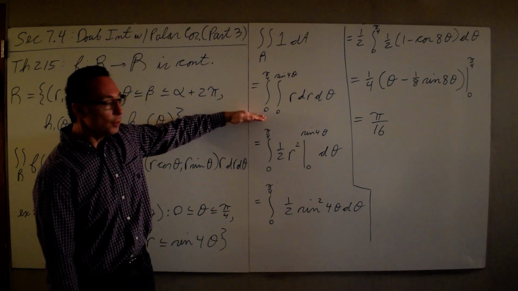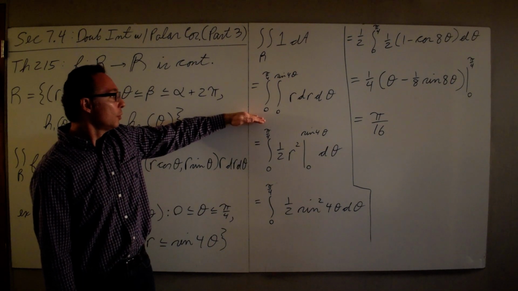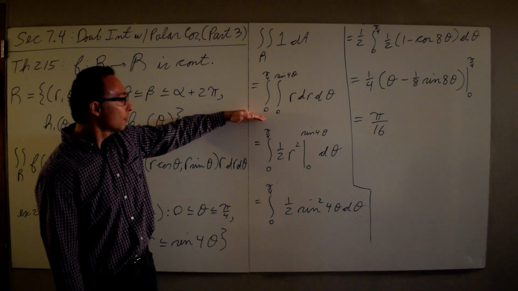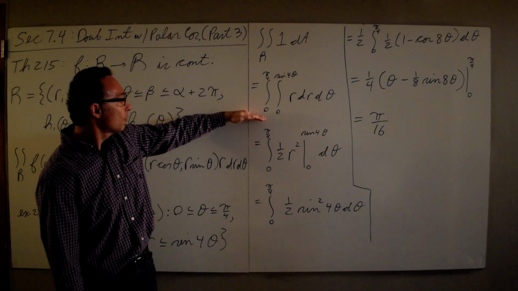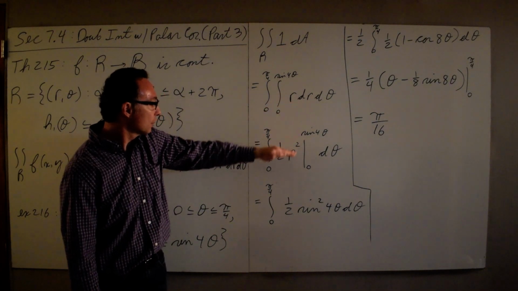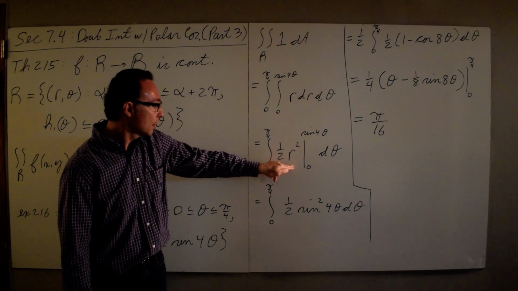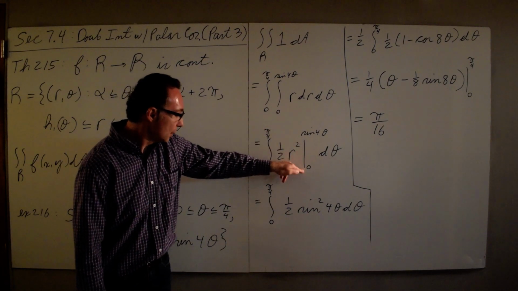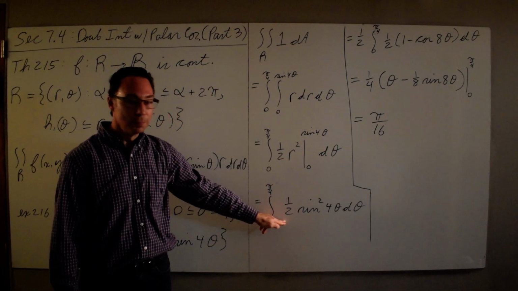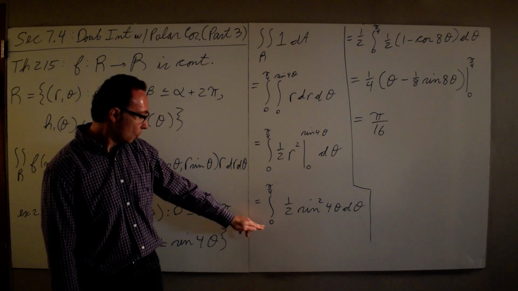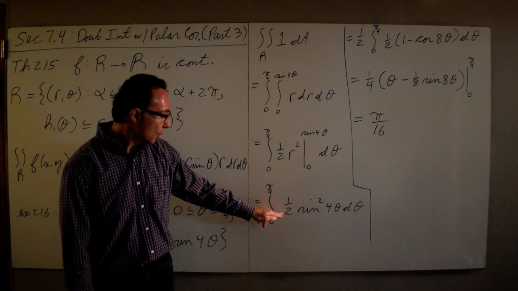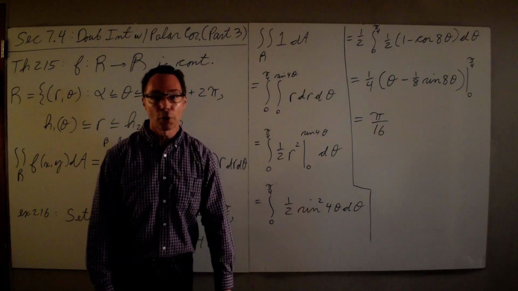Now that we have this, you could probably finish this, but let's go ahead and do it. We find an antiderivative with respect to r, 1/2 r squared, substitute the r limits of integration and subtract. Now we have the integral from 0 to pi over 4 of 1/2 sine squared of 4 theta d theta.